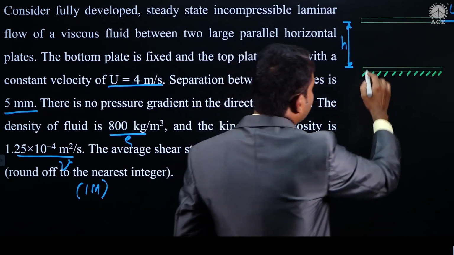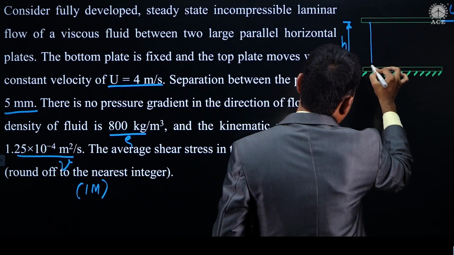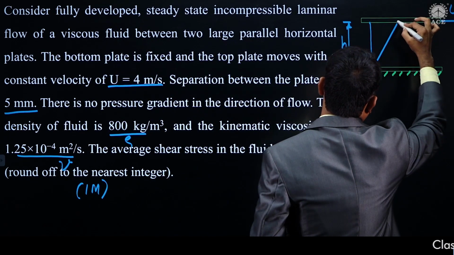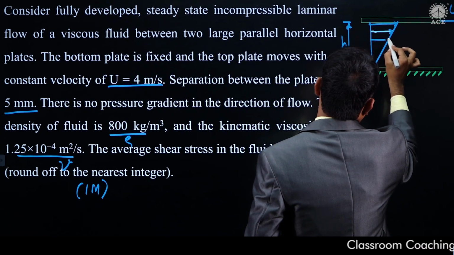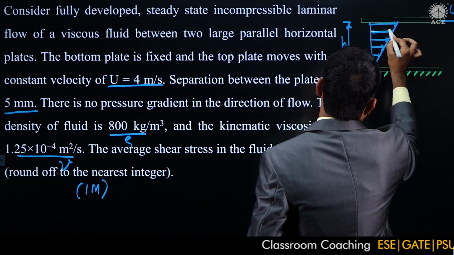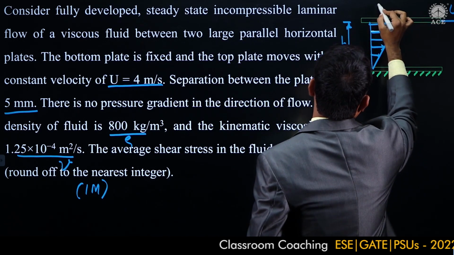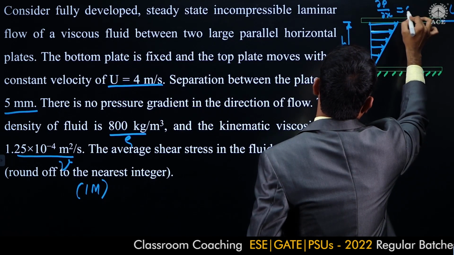For a Couette flow with 0 pressure gradient, velocity profile is linear. So this thing we have proved in laminar flow chapter. So here pressure gradient dou P by dou X equal to 0.